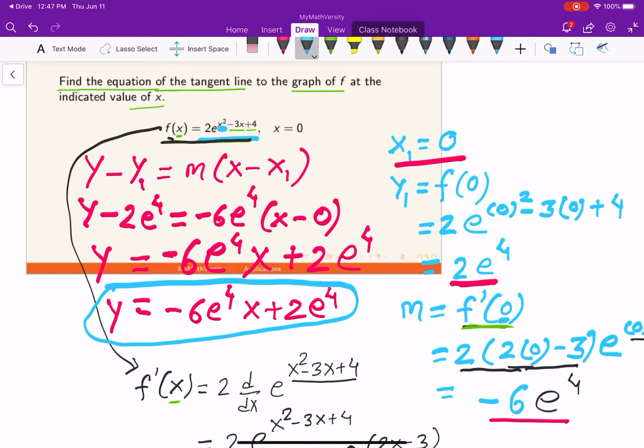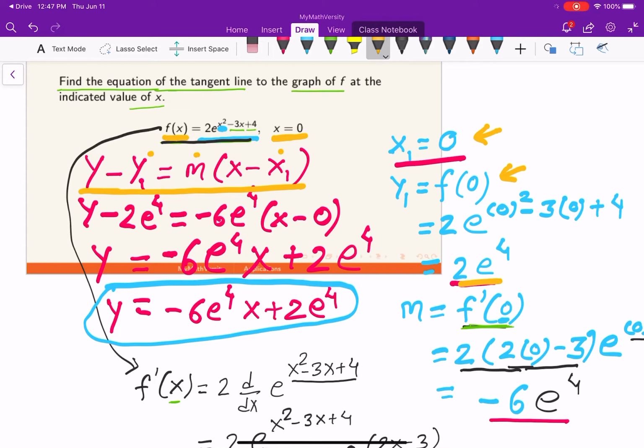Okay, this is how we can find the equation of the tangent line. Just a recap, what are the major things we are doing to find the equation of the tangent line? We use this formula, y minus y1 equal to m times x minus x1, where y1, m and x1 were the 3 unknowns we needed to figure out, and we did that here. x1 is the x coordinate of the point of tangency, which is given here. To find y1, we find the value of the function at 0, which we figured out over here.